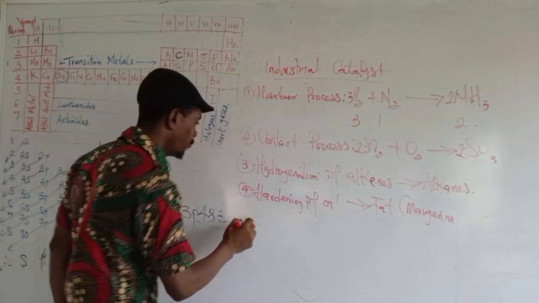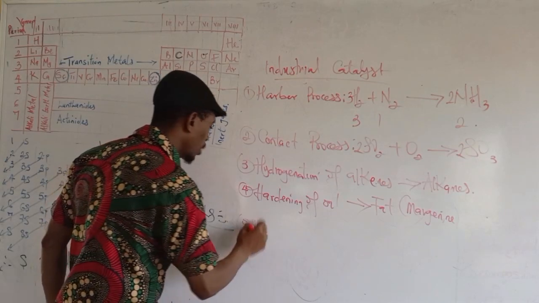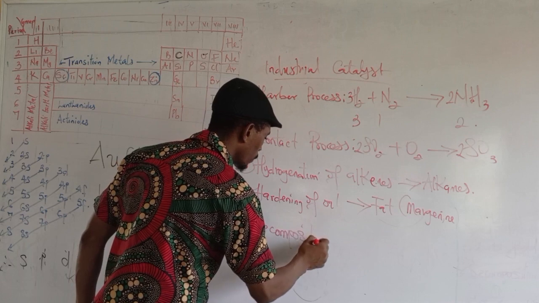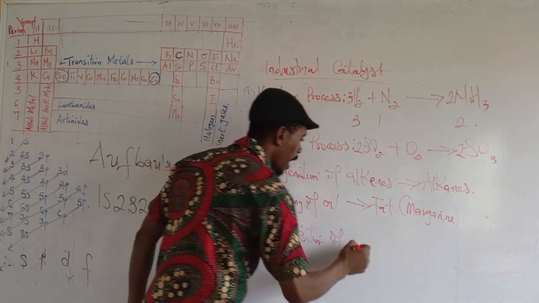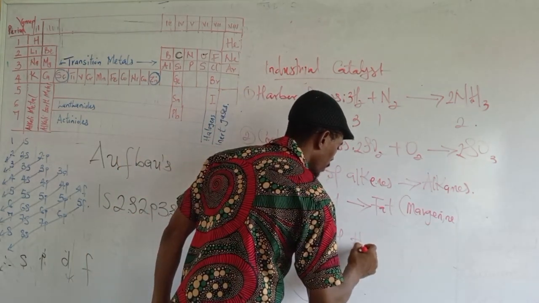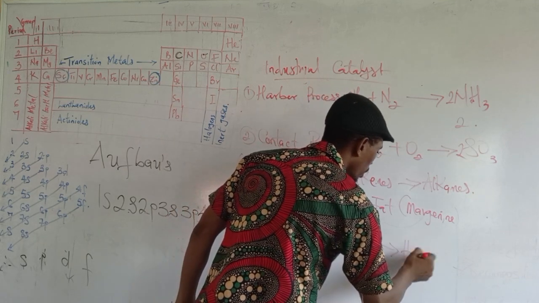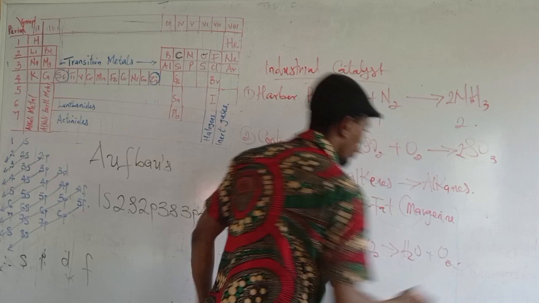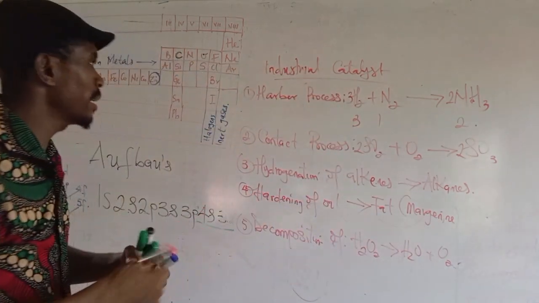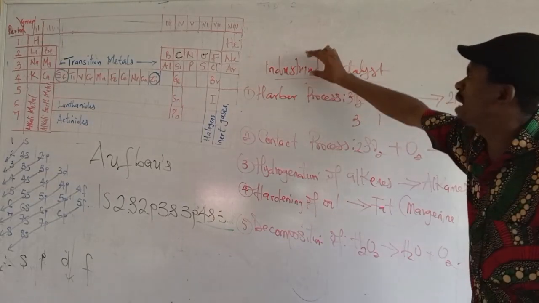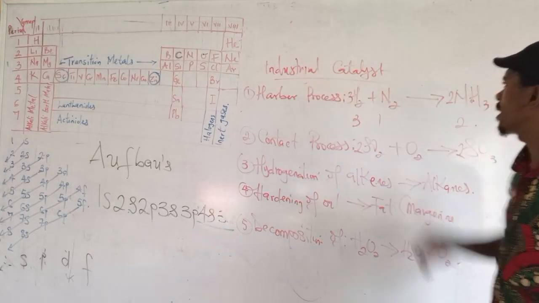Then the fifth is the decomposition of peroxide to give us water and then oxygen. These are other examples where we see transition metals employed as catalysts.